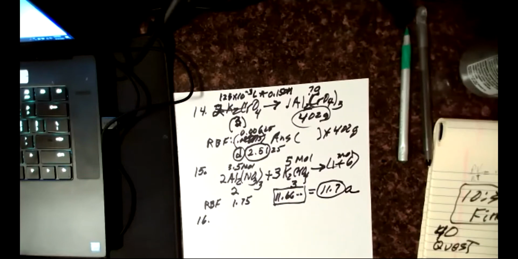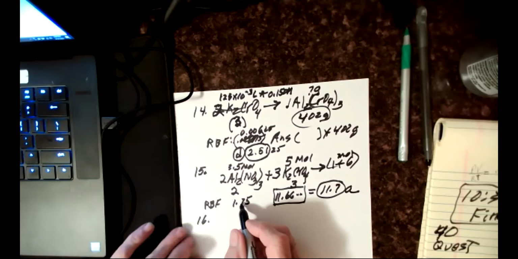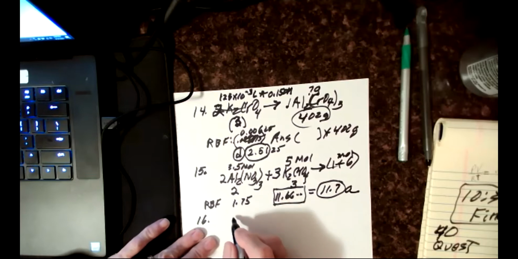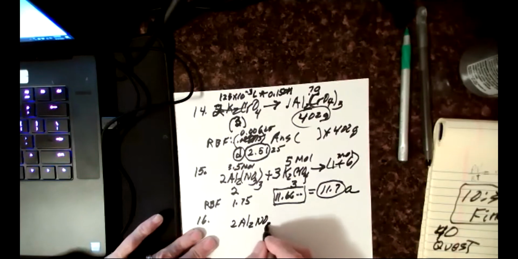Number 16. If this many grams of aluminum nitrate is reacted with excess potassium chromate, how many moles of potassium nitrate would that produce? So again, I'm reacting aluminum nitrate, and we had 2 Al(NO3)3.